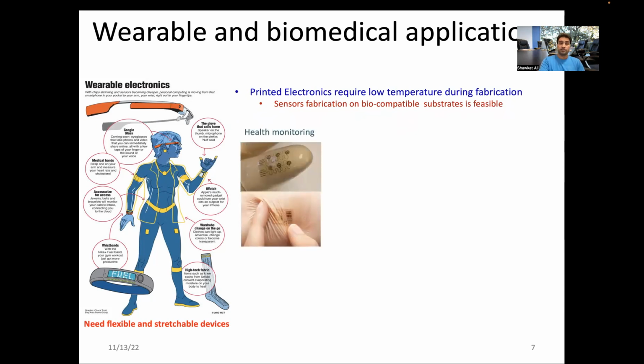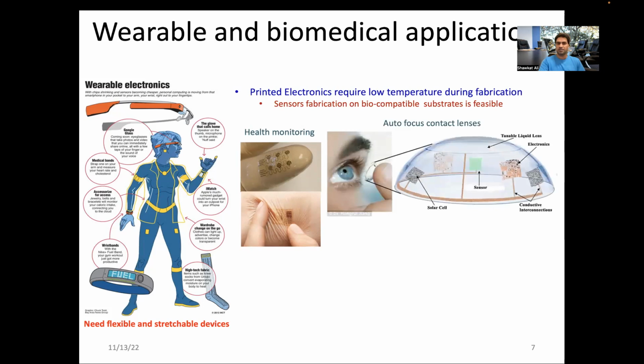Here are a few examples like health monitoring. We can directly print on our skin in the shape of tattoos, or we can print the circuits on thin substrates and then attach them to our skin for monitoring the biomarkers of our health. Another application is this autofocus contact lens.